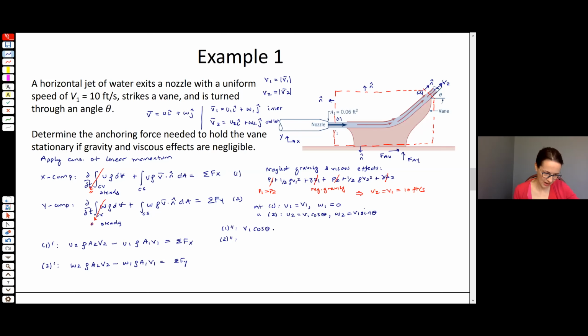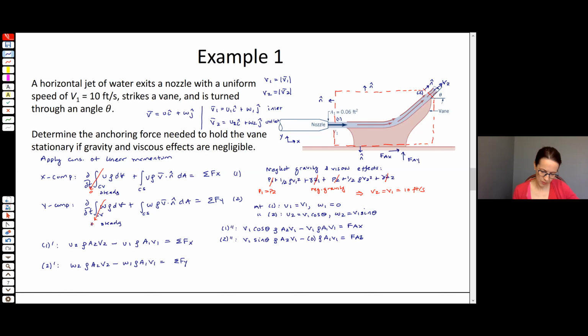V1 cosine theta rho A2 V1 minus V1 rho A1 V1 equals the horizontal anchoring force, and V1 sine theta rho A2 V1 minus 0 rho A1 V1 equals the vertical anchoring force.